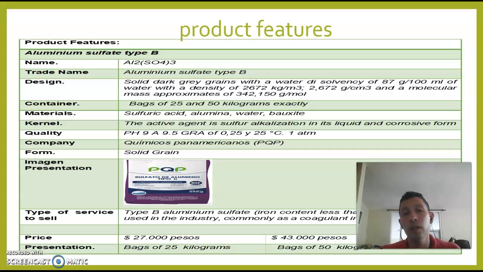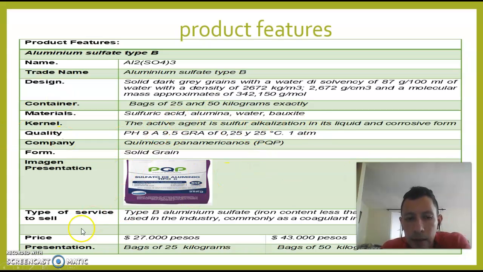Finally, the product features: the presentation, the trade name is aluminum sulfate type B. The company producing it is Químicos Panamericanos PQP. The presentation is a bag of 25 kilograms or a bag of 50 kilograms.